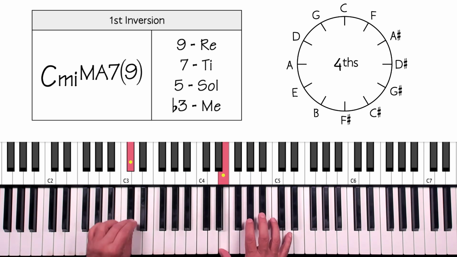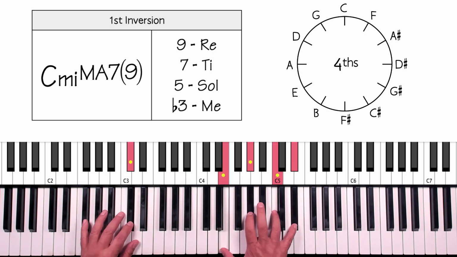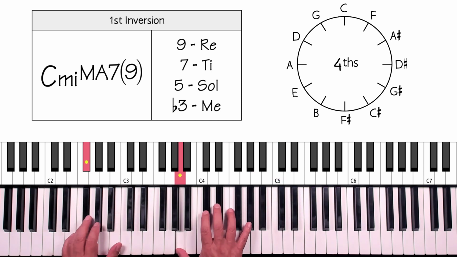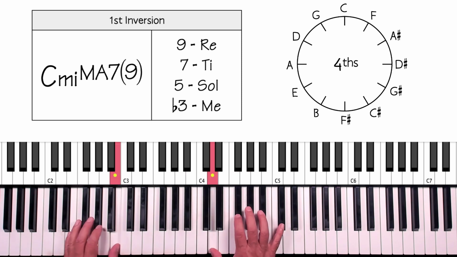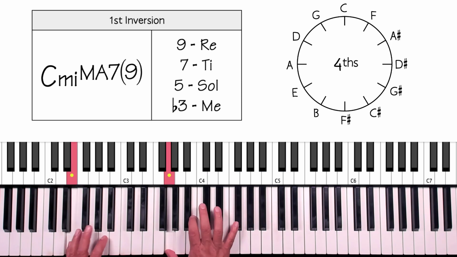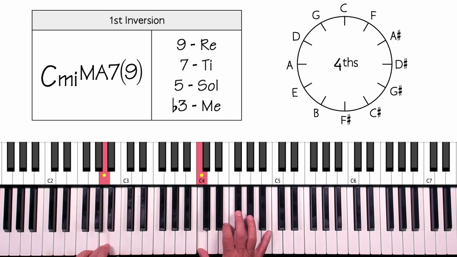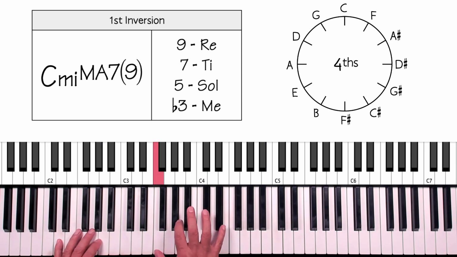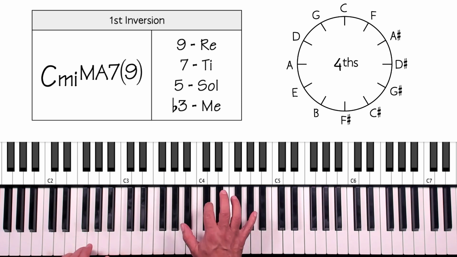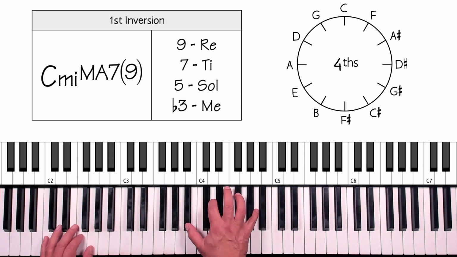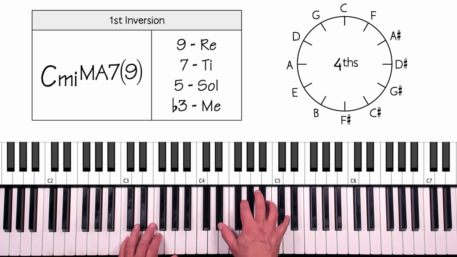C sharp, mi, sol, ti, re, F sharp, mi, sol, ti, re, B, mi, sol, ti, re, E, mi, sol, ti, re, A, mi, sol, ti, re, D, G, mi, sol, ti, re, and back to C.